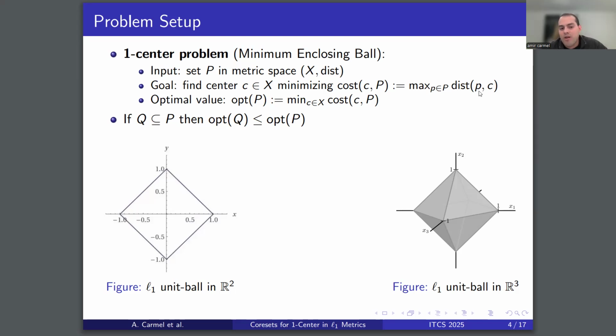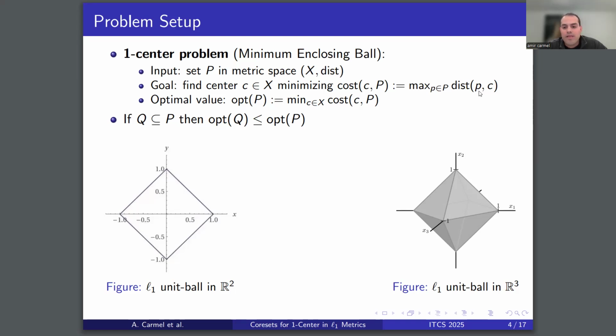This is the minimum cost over all the points in the metric space. And if Q is a subset of P, then the optimum value for Q is less than or equal to the optimum value of P, because every minimum enclosing ball for P is also a minimum enclosing ball for Q.